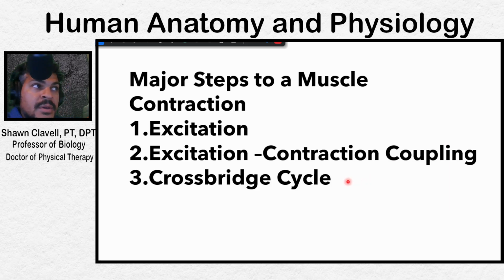So again, the major steps to a muscle contraction: number one is excitation, when the nerve stimulates the muscle. Number two is excitation-contraction coupling. That is when the action potential travels across the sarcolemma into the T tubules, into the muscle itself, and starts the release of calcium. The coupler itself could be identified as calcium. And then once the calcium is released, we begin the cross-bridge cycle.